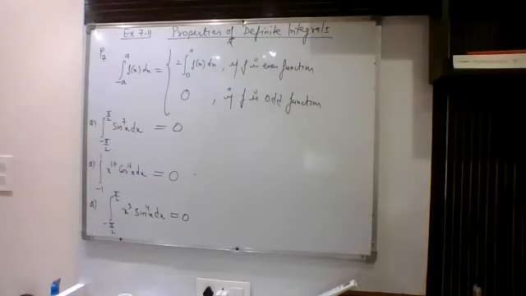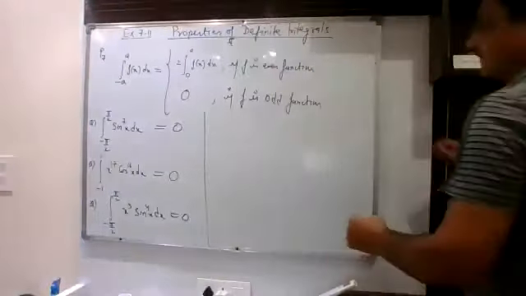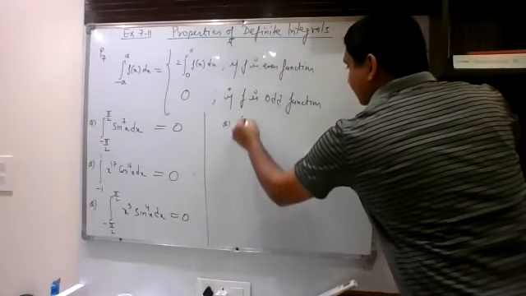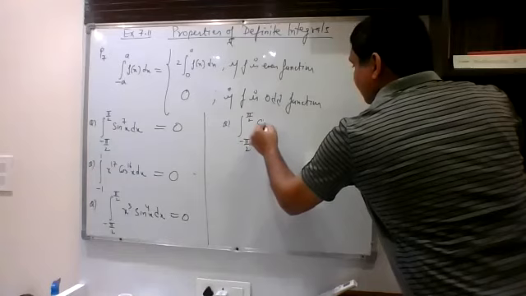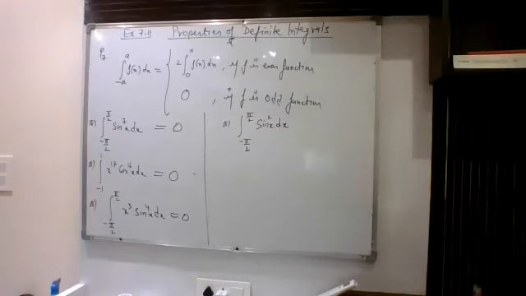Now let me give you one example of even also. Suppose we want to do this one. Minus 90 to 90 sin square x dx. Now here again you can see that limits are from minus a to a. So we can think about this property.